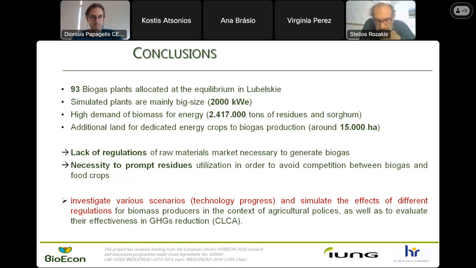In the next steps, we aimed at investigating different scenarios, taking into account technology progress. For instance, now we have good data for state-of-the-art biogas plants that are demand-driven, so they are flexible because they are able to stock the biogas and then use it during peak demand.